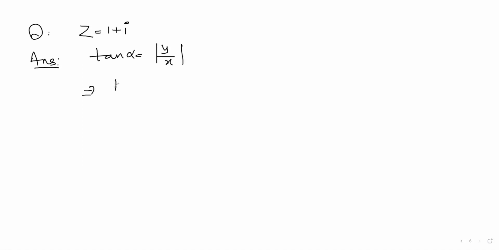So tan alpha is equal to, what is y in this case, Safan? Safan, what is y in this case?